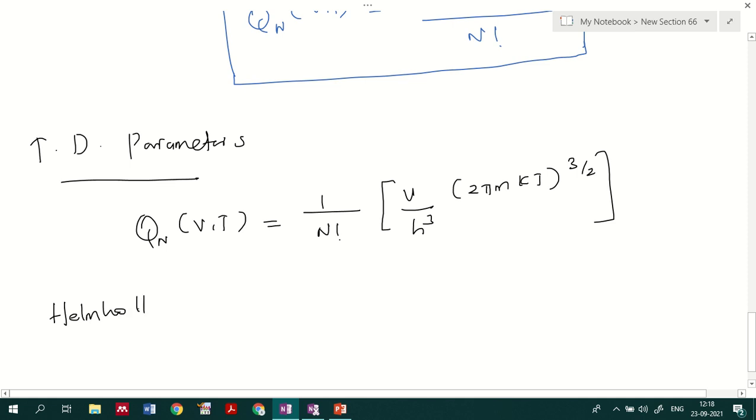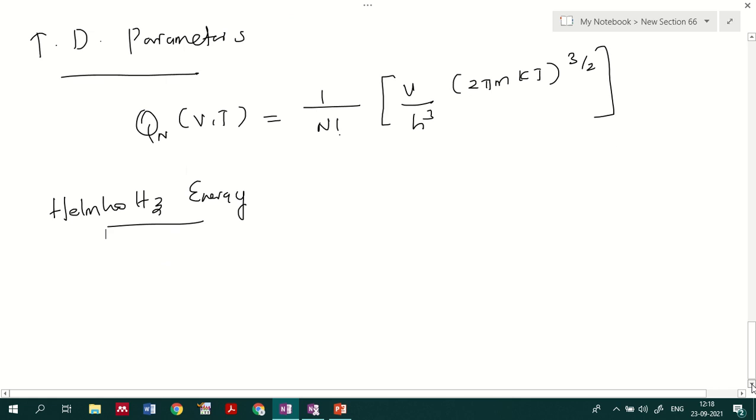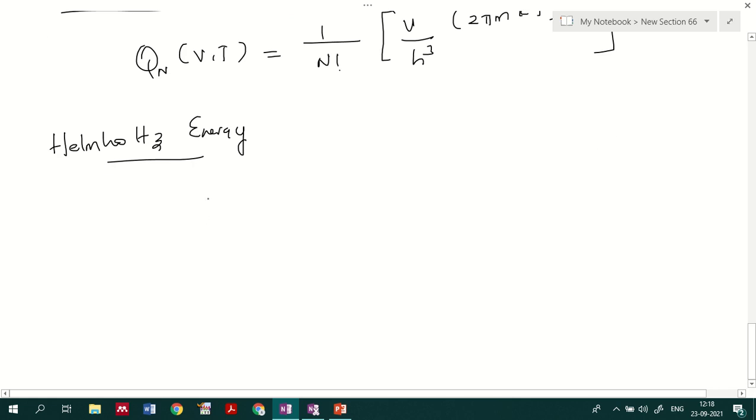Whenever you have a partition function, the Helmholtz energy can be identified directly by taking A equal to minus kT ln Q_N(V, T), where k is the Boltzmann constant, Q_N is the partition function, and T is the temperature, which is a constant in this canonical ensemble case. Okay, that we know. And now if I do that, minus kT ln, we can substitute our Q_N(V, T).